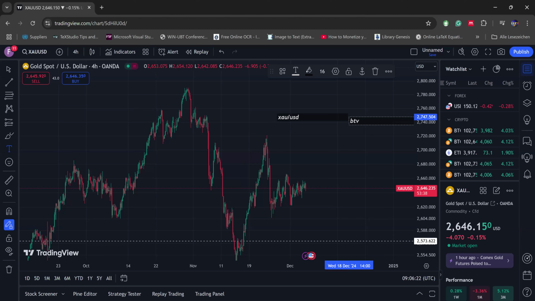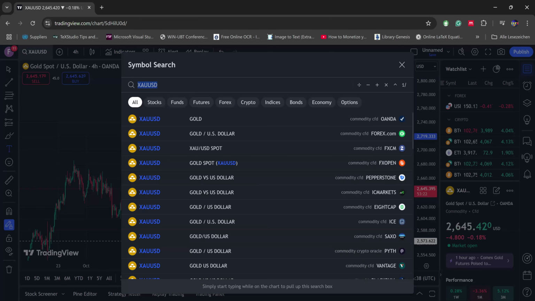You can have BTC USD, that would be Bitcoin USD. You can have Ethereum USD. So you can have different pairs. All you need to do is click up here, top left corner, and type the currency pair of interest. Ethereum is a cryptocurrency.